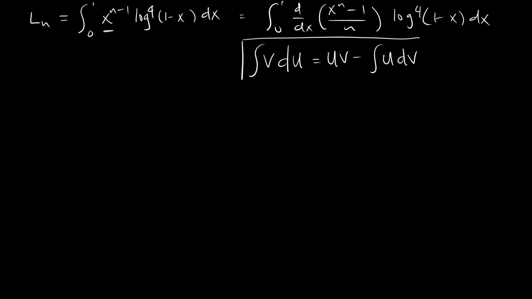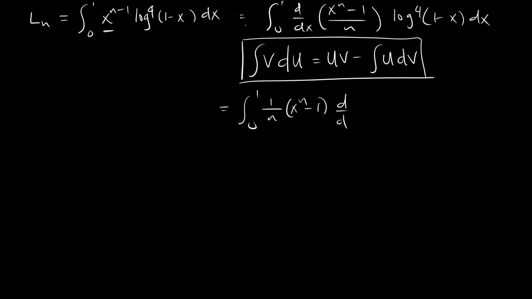So this being our driving relation, it means that we have the integral from 0 to 1 of 1 over n, x to the n, times the derivative of log to the 4 of 1 minus x.